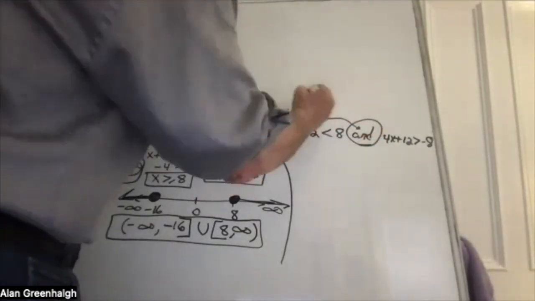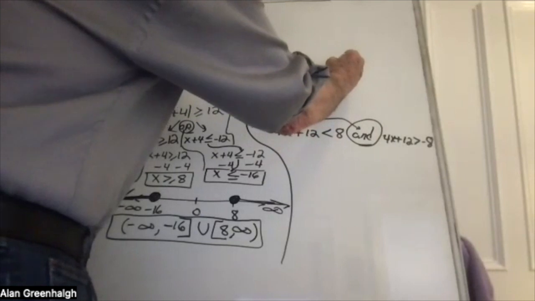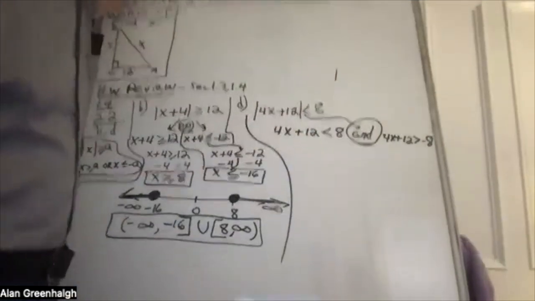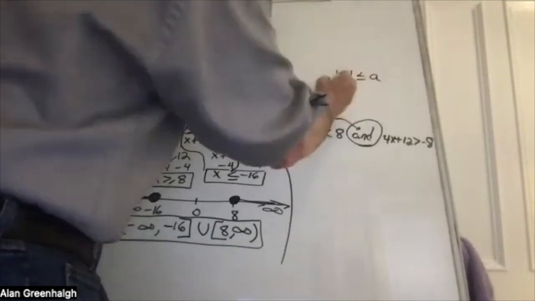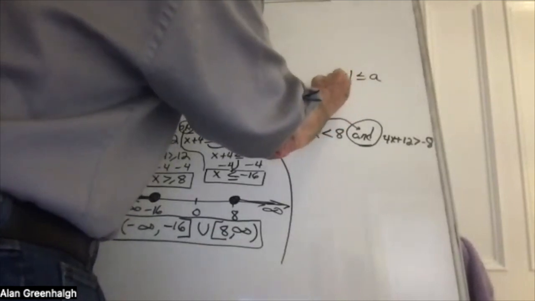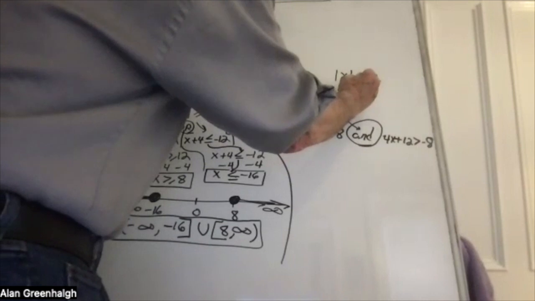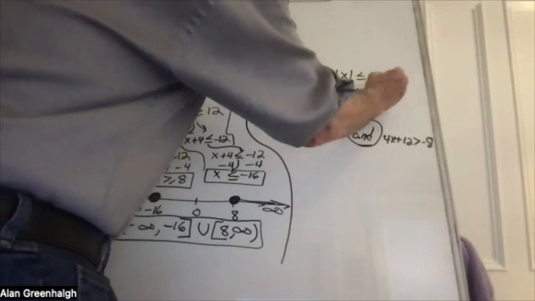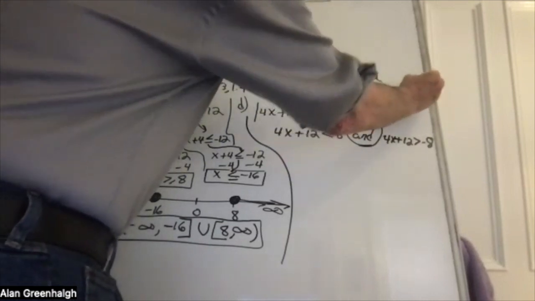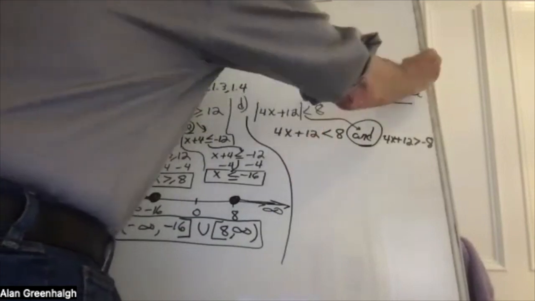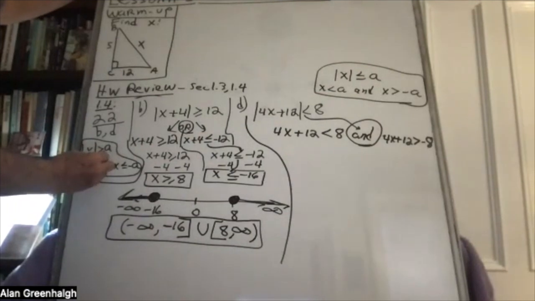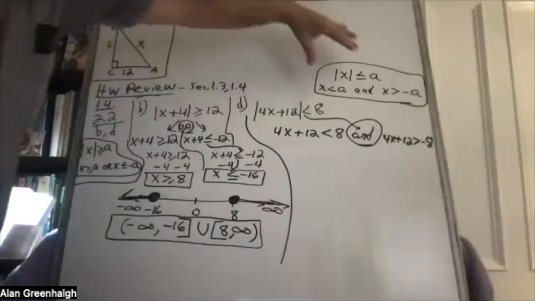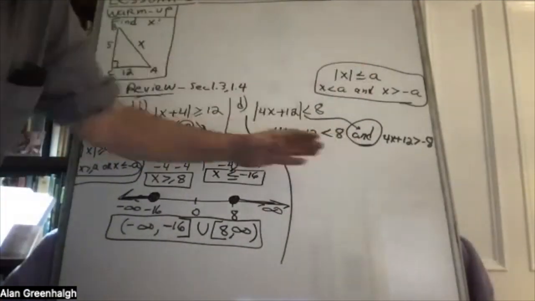So this comes from the rule which states that the absolute value of x is less than or equal to a, therefore x is less than a, and x is greater than negative a. So these are the two rules, this one and the one over here that's boxed. This was an or, this is an and. Those are the two situations.